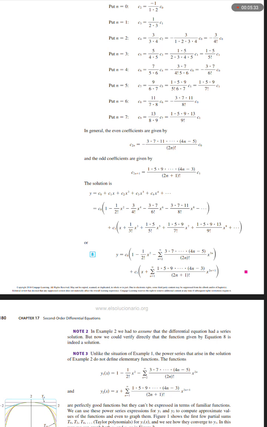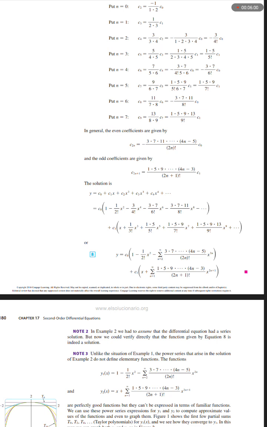C sub 5 equals 5 over 4 times 5 times c sub 3 equals 1 times 5 over 2 times 3 times 4 times 5 times c sub 1 equals 1 times 5 over 5 factorial times c sub 1. Put n equals 4.